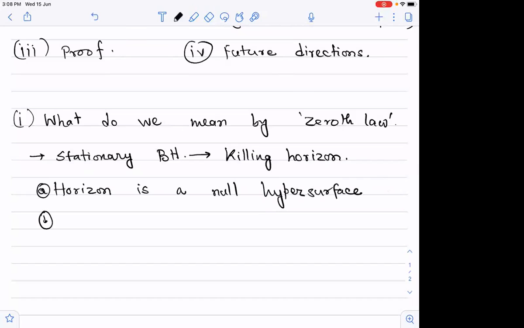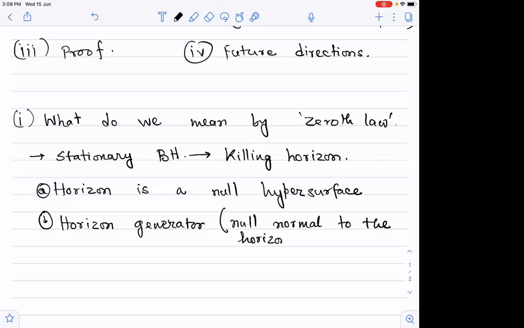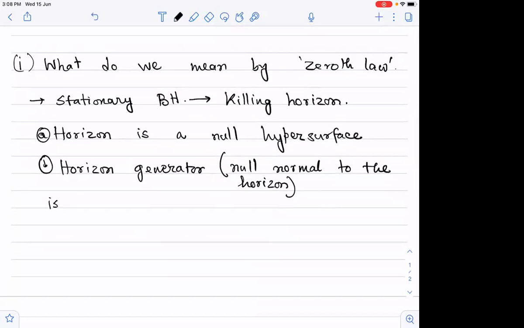This is the first property. It's a null normal to the horizon, proportional to a bulk Killing vector. Let's call it del tau, so tau is the Killing coordinate.